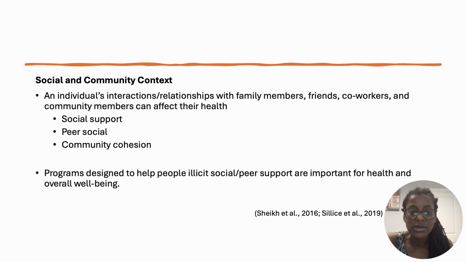I mentioned earlier that social cohesion is one indicator of social health. So the type of relationship you have with your neighbors, friends, or family members can serve as a buffer against various stresses.